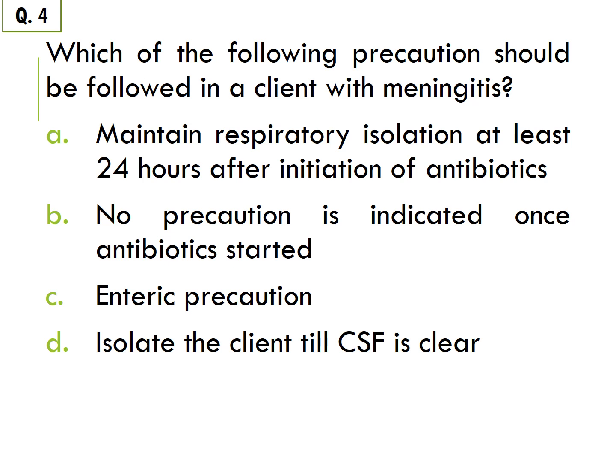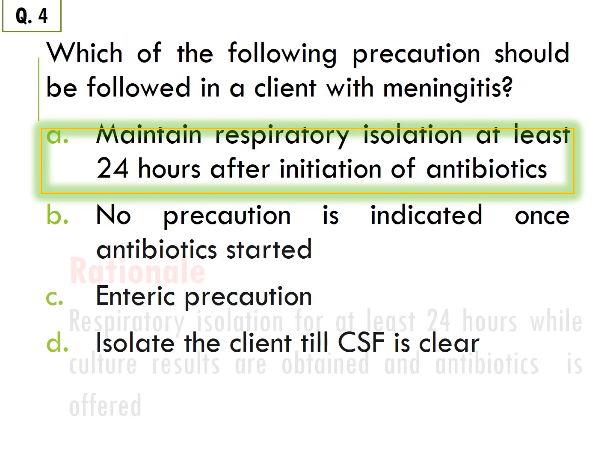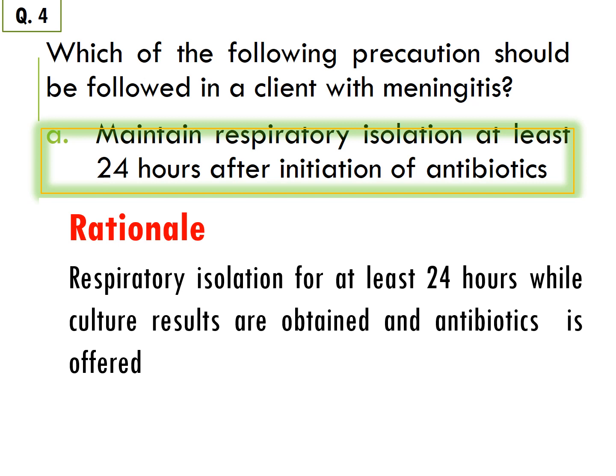Option D, isolate the client till CSF is clear. And the answer is option A. The rationale: respiratory isolation for at least 24 hours while culture results are obtained and antibiotics are offered.